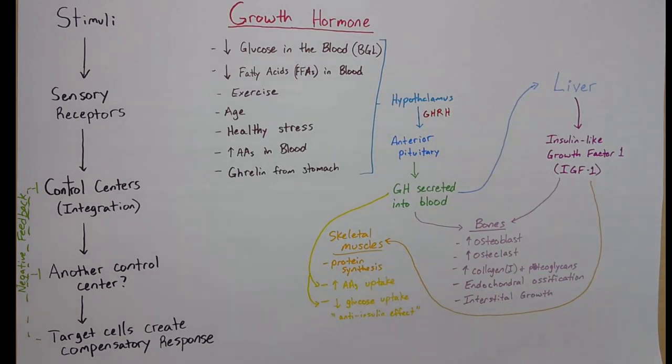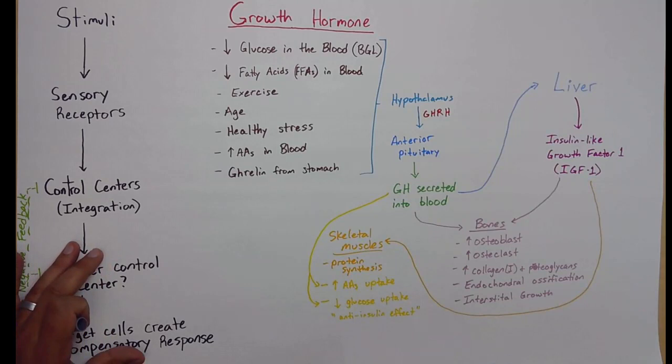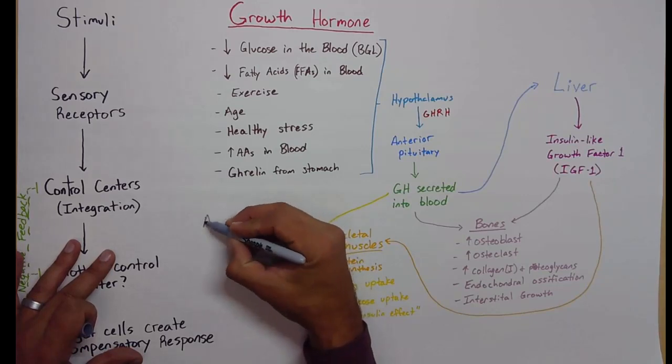The last one that we will discuss, although it's not the only other target for growth hormone. In fact, literally every cell in the human body has receptors for growth hormone. The last one we'll end up talking about here on our list is fat cells, adipose tissue. So we'll go over here and we'll write adipose.